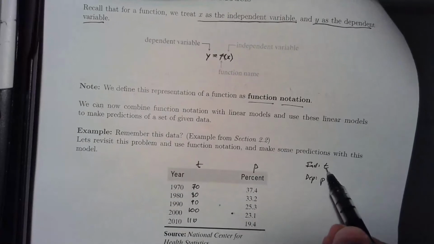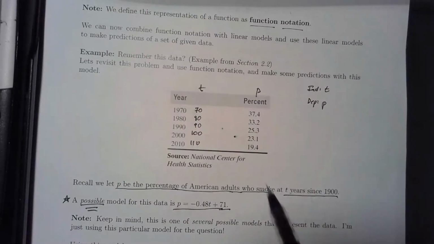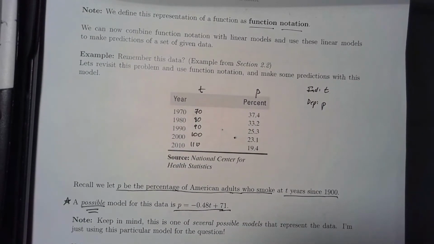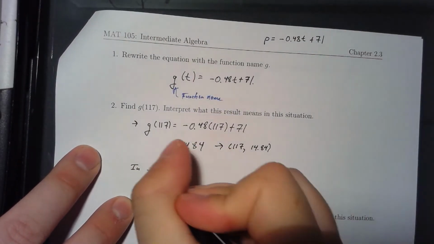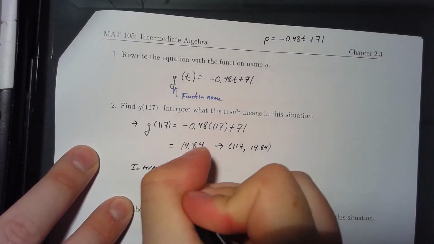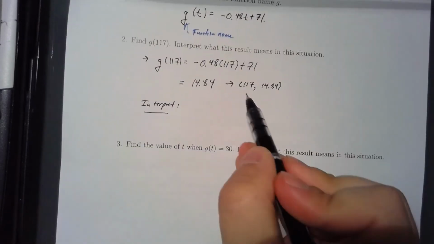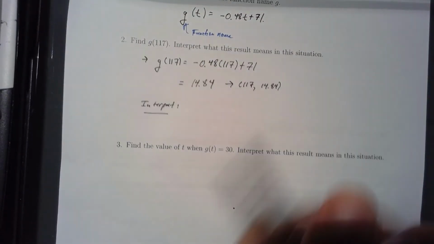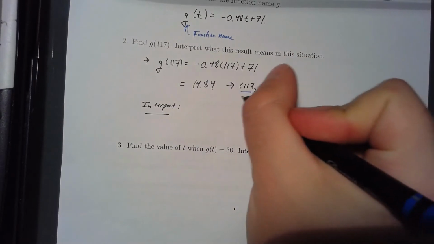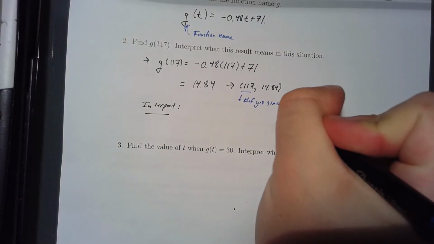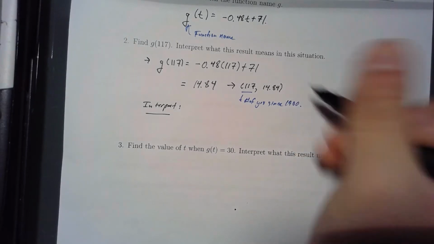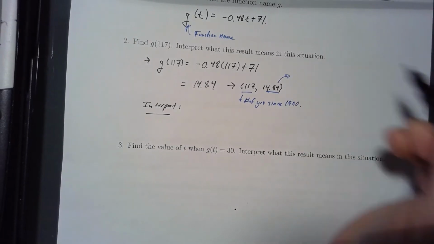Independent is t. What does t represent? That's the year since 1900. So when I interpret this, this right here is the year since 1900. And this right here represents what?